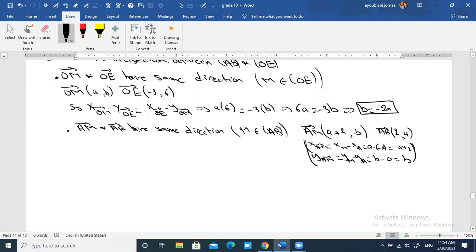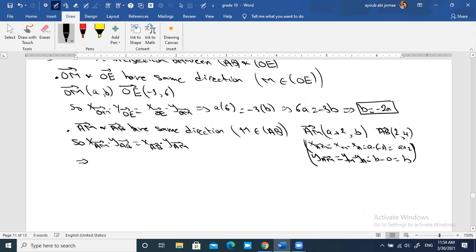Now they have the same direction, so XAM times YAB is equal to XAB times YAM. XAM times Y of AB is equal to X of AB times Y of AM.